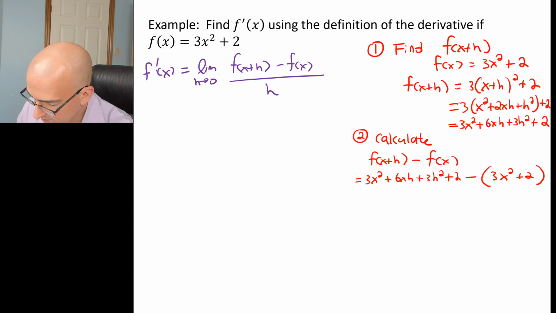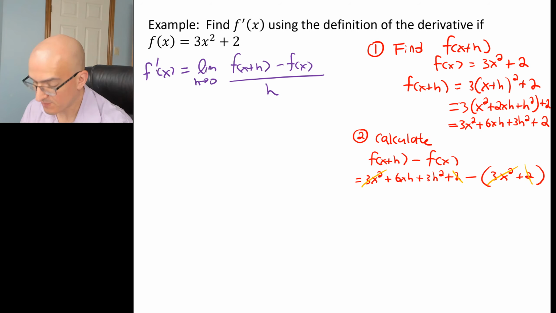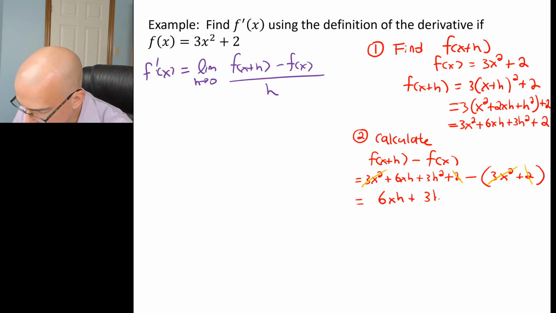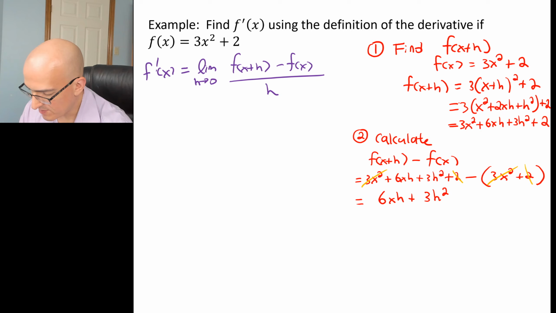Notice that the 3x squared and the minus 3x squared are going to cancel, and the 2 and the minus 2 are going to cancel, subtracting both things in that bracket. So I'm left with 6xh plus 3h squared.